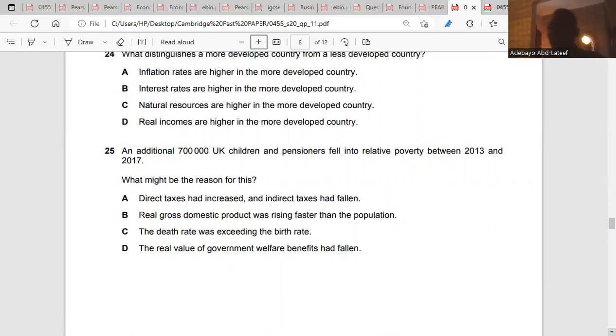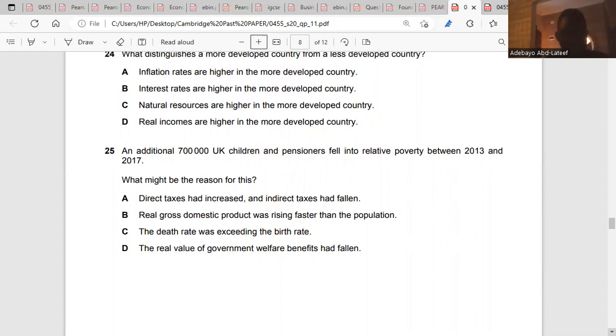Absolute poverty means an individual in an economy is unable to afford the basic needs, like food, clothing, and shelter. We say an individual that cannot afford to spend $1.5 a day is in absolute poverty. For relative poverty, it means a certain percentage of people within an economy have a smaller amount of money to spend than others. That is relative poverty.